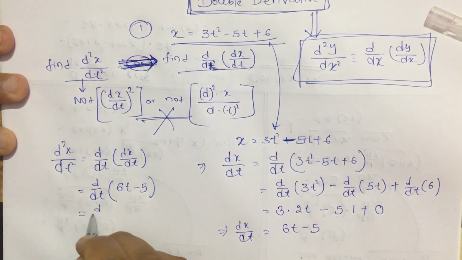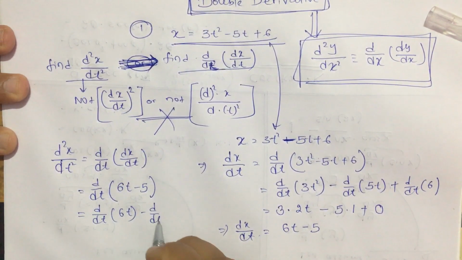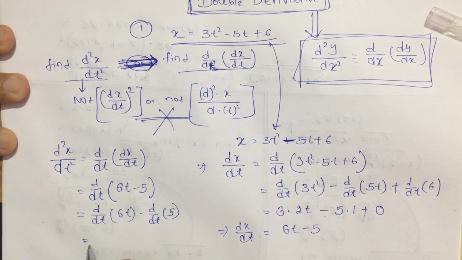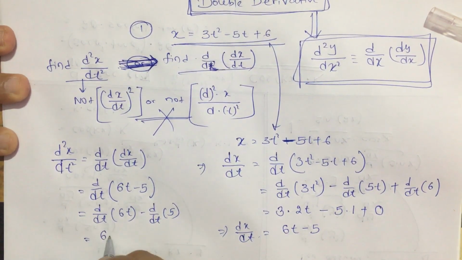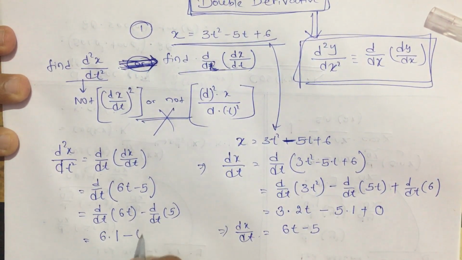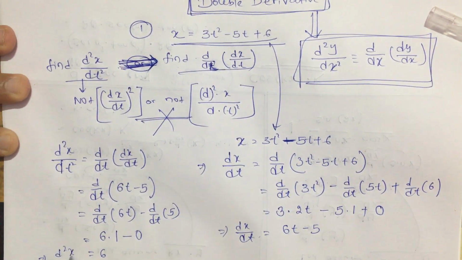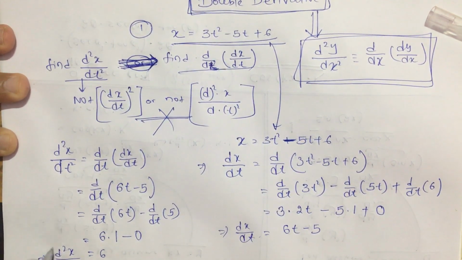Again, you can write it as d by dt of 6t minus d by dt of 5. Here 6 is taken out, d by dt of t is 1, minus d by dt of a constant is 0, so the answer is 6. So this is the answer of d square x by dt square.